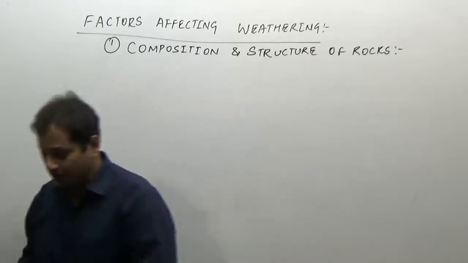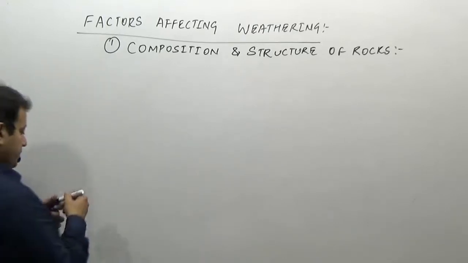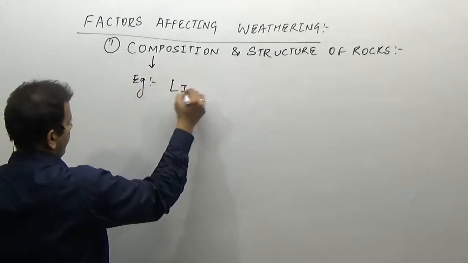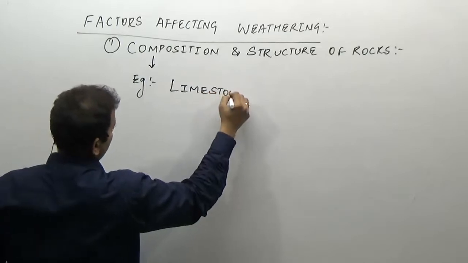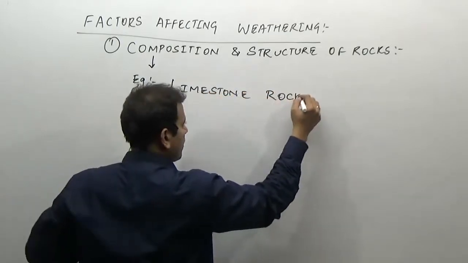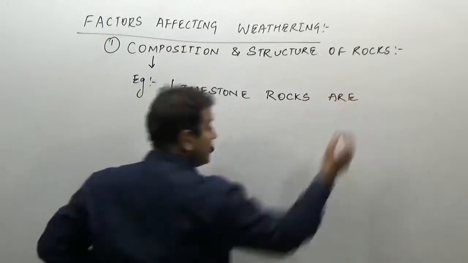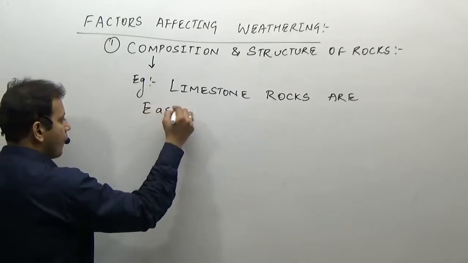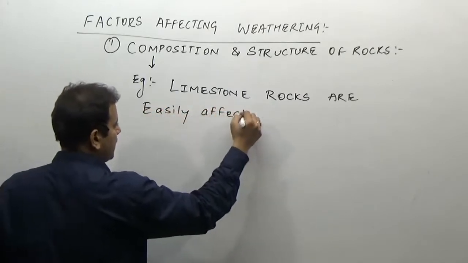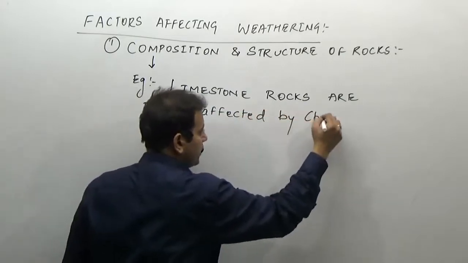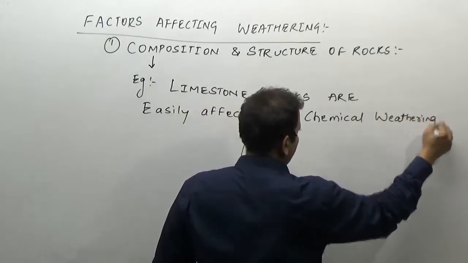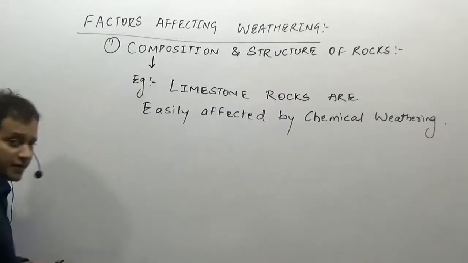For example, in the composition we can write: limestone rocks are easily affected by chemical weathering.